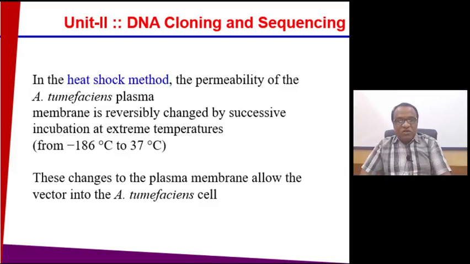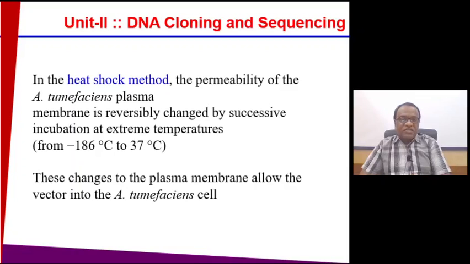And next we have the heat shock method. In the heat shock method, the permeability of the Agrobacterium tumefaciens plasma membrane is reversibly changed by successive incubation at extreme temperatures, from minus 186 degrees centigrade to 37 degrees centigrade.